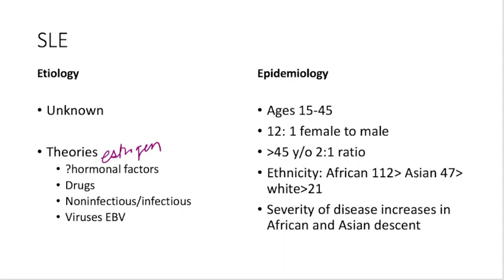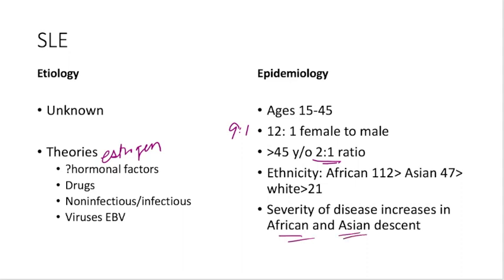Women of childbearing age, 9:1 or 12:1, depending on what source you look at, is the female to male ratio. You can see after we get to lower estrogen levels, towards menopause, look at the change in the ratio, 2:1. It does affect those of African descent more than Asian and then white. The severity of the disease increases in African and Asian descent.